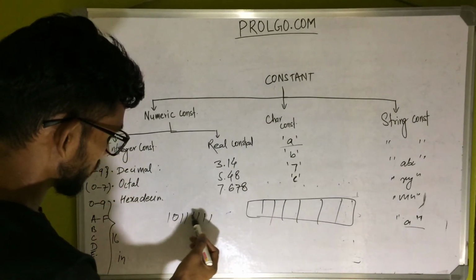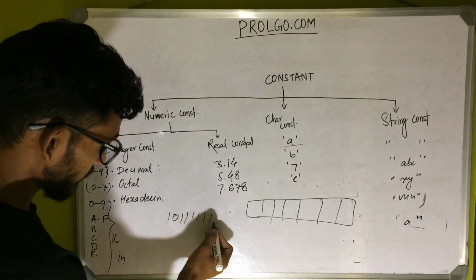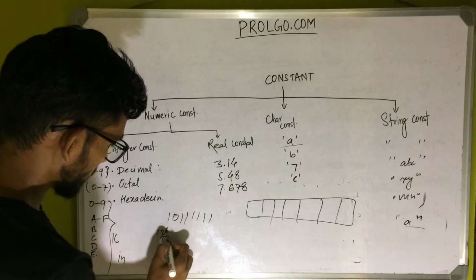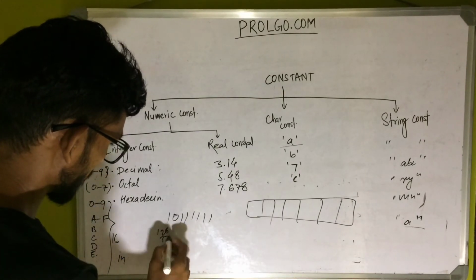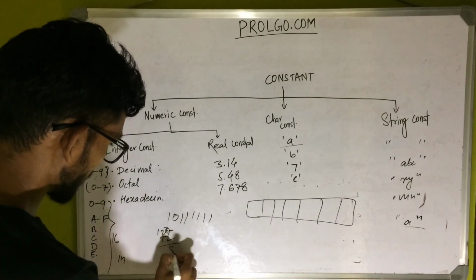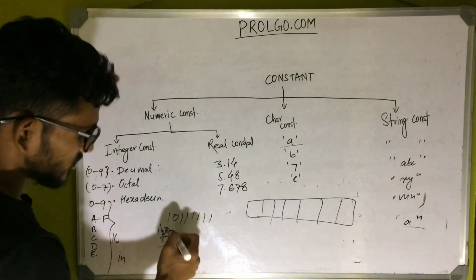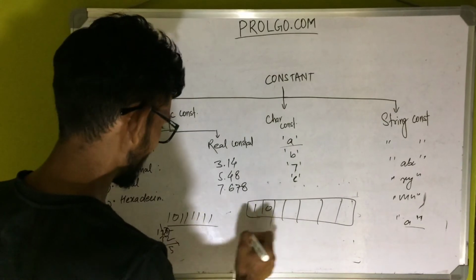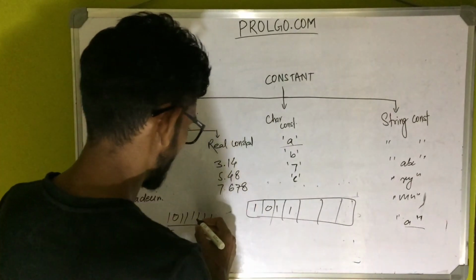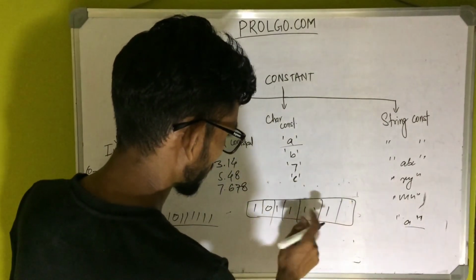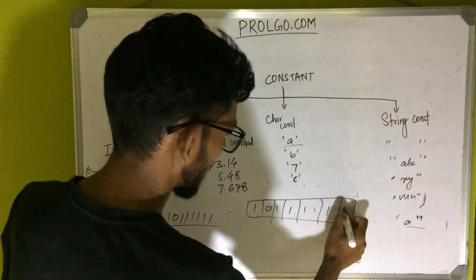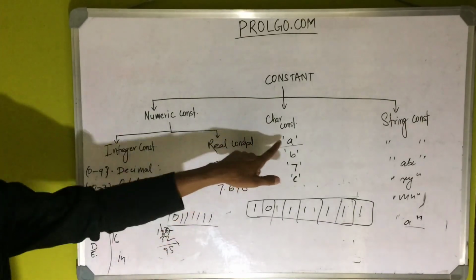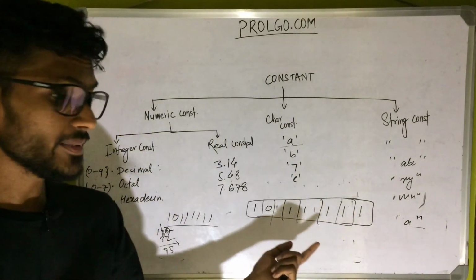So 1, 2, 4, 128 minus 32. So how much? 95. Yes, this is the value. Maybe it may be incorrect, but I'm just taking this. So this is the 95 equivalent to A, and this is the value that will be stored in memory.